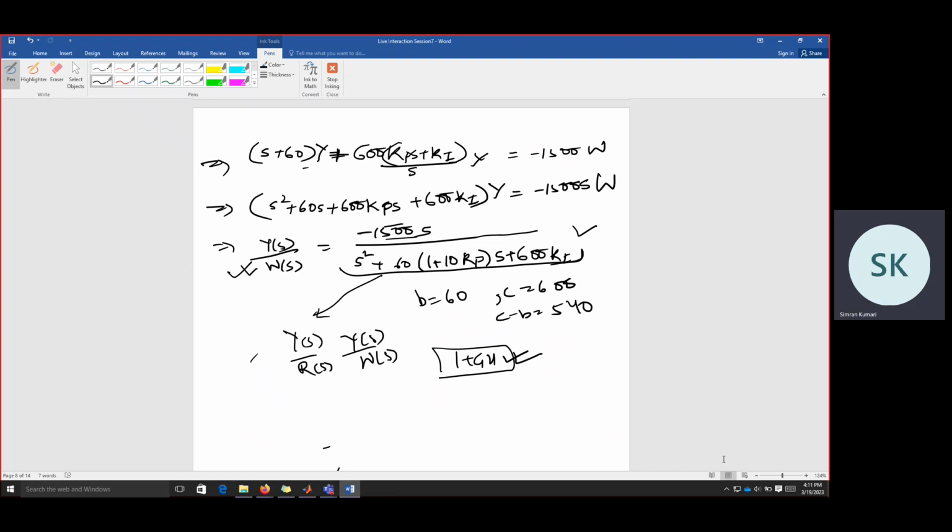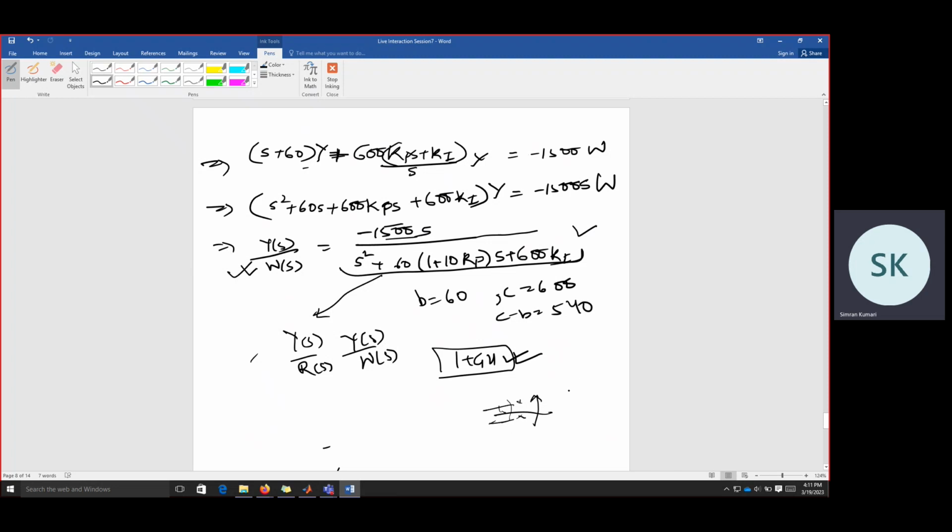Then we saw that if there is a system and it has to follow some desired property, since we approximate all systems, we try to approximate by a second order system with dominant closed loop poles. So we neglect the poles which are farther from the imaginary axis and approximate using a second order system.